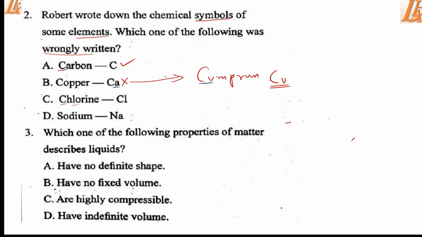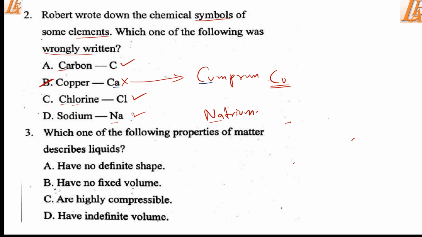Chlorine is also correct. And then sodium, the Latin name for sodium is natrium. Therefore, the chemical symbol comes from the first two letters, Na, for sodium is correct. So the wrongly written chemical symbol is for copper, that is B.